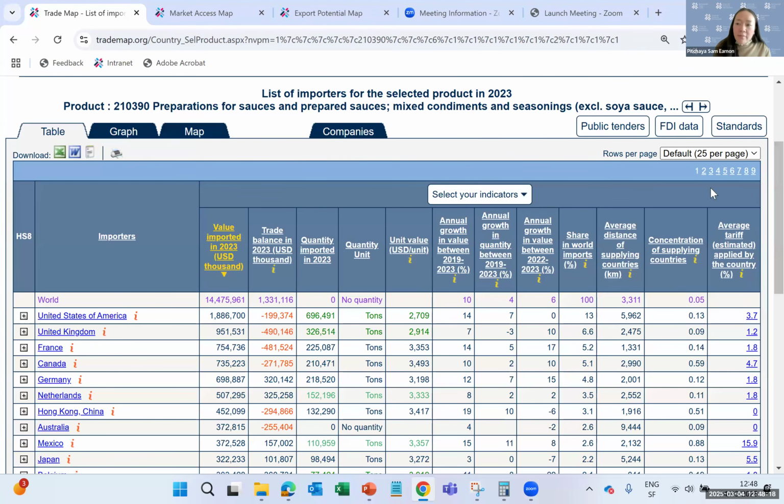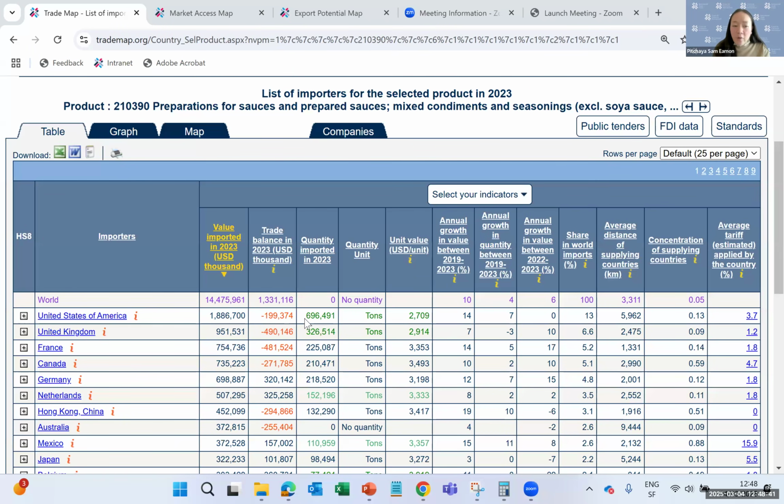Now, the next column, which is the column that is currently sorted here, is the value imported. We have United States, as I mentioned, 1.8 billion US dollars. The number is in red and negative. This is because United States imports this product more than it exports.